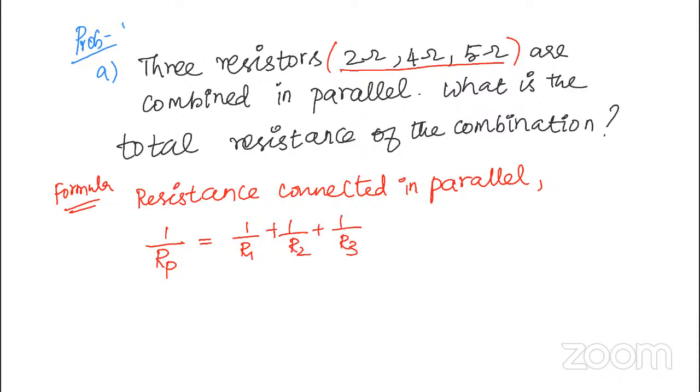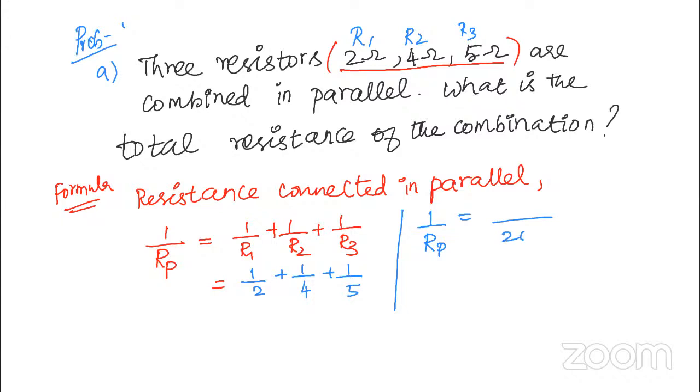So let us now substitute all the values here. This is R1, this is R2, and this is R3. It is 1 by 2, 1 by 4, and 1 by 5. Then 1 by Rp is equal to, take the LCM value, that is 20.